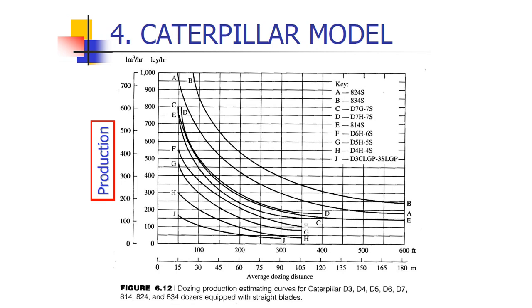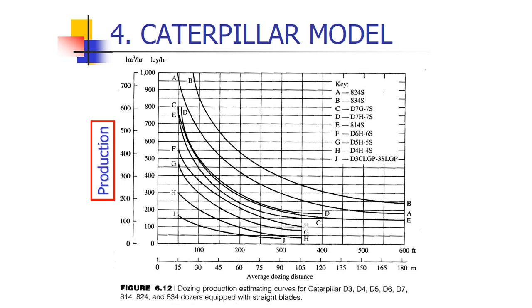Okay, so if you look at the average dozing distances, by the way, here we are talking about all of these dozers denoted by S, A24S, A34S, D7G7S, D7H7S, and so on. So these are all S blades. They are all straight blades.